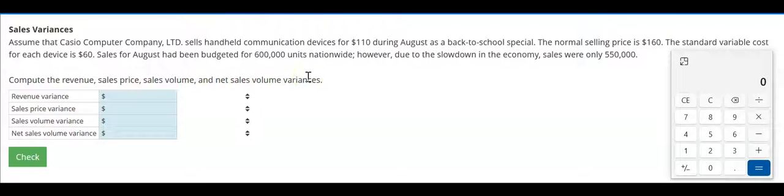The way we're going to do this is set up some formulas. We're going to toggle back and forth, and I want you to write down some formulas as we go. The first item is the revenue variance.